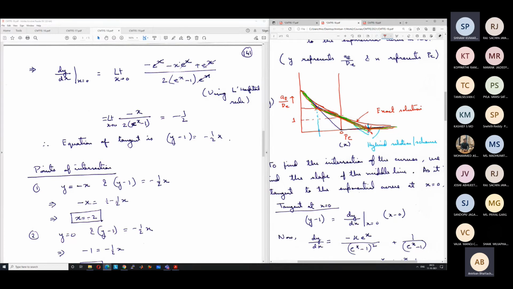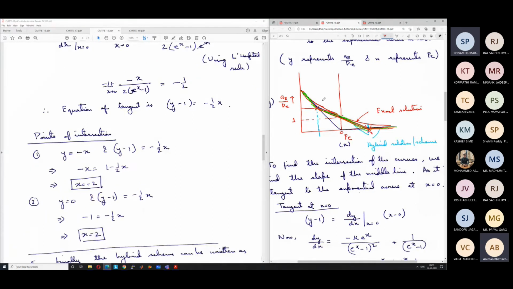So the value of y at this point from the first equation is minus x, and the value of y from the second equation is 1 minus half x. So minus x is equal to 1 minus half x. This gives us x equal to minus 2. This point is x equal to minus 2 where the intersection occurs.